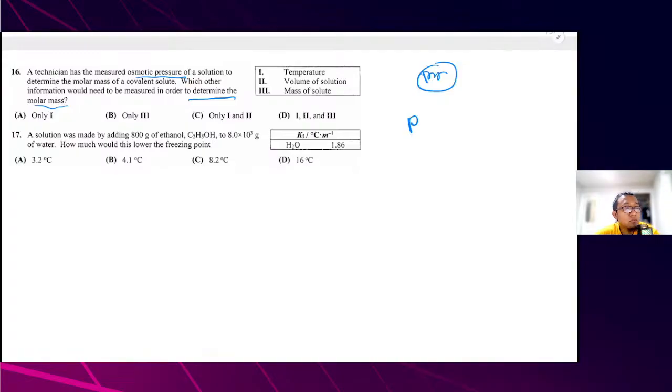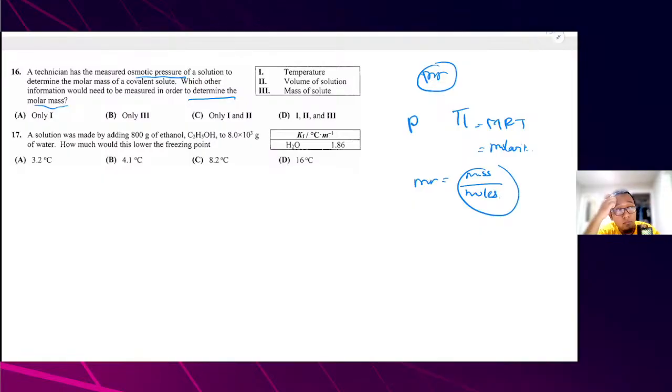The osmotic pressure equation is P = MRT, where M is molarity, and then R and T. We need to get the molar mass. To get the molar mass, we need to know the mass and the moles.